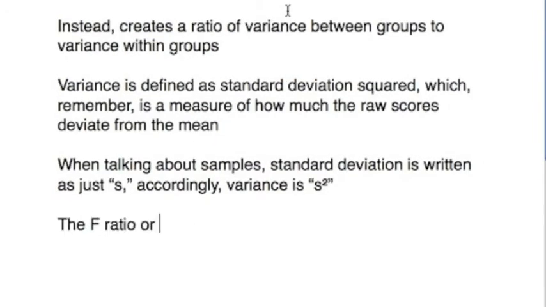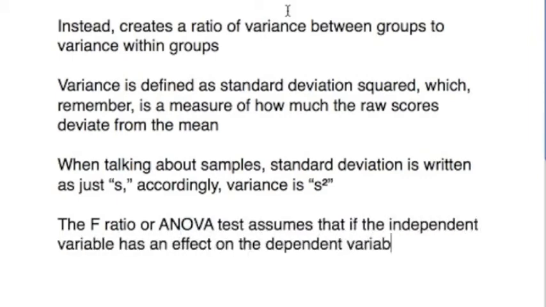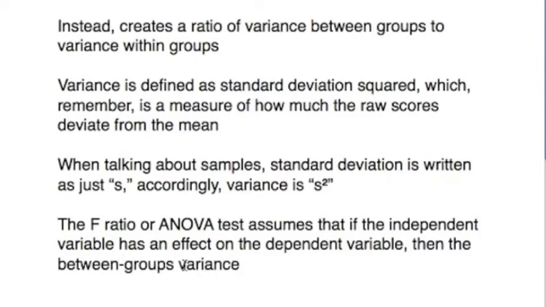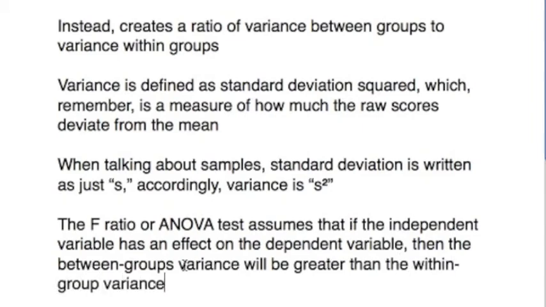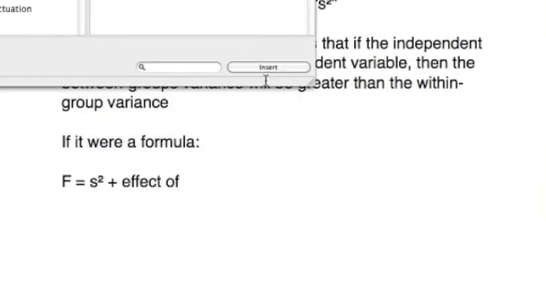The ANOVA test assumes that your independent variable is going to have an effect on your dependent variable, and it's going to be displayed by showing a greater variance between your groups than within your groups. So if we were to write this as a formula, it would be variance plus the effect of the independent variable over just the regular variance.